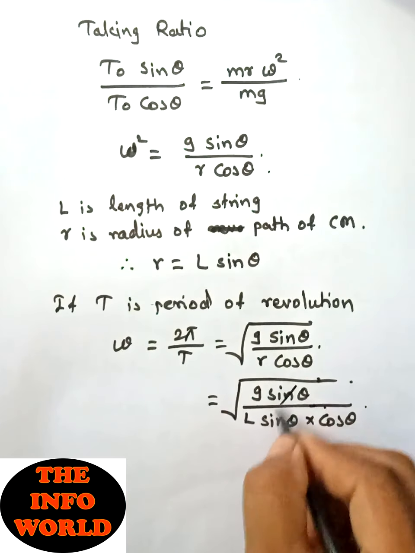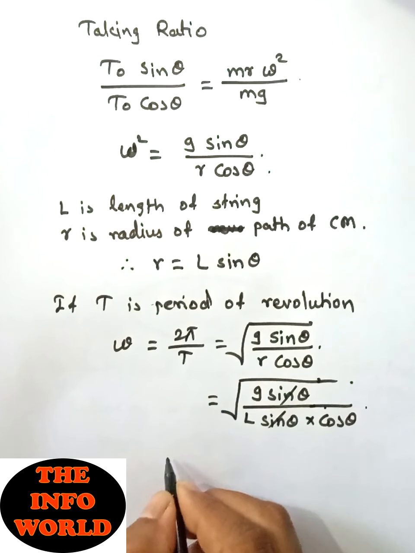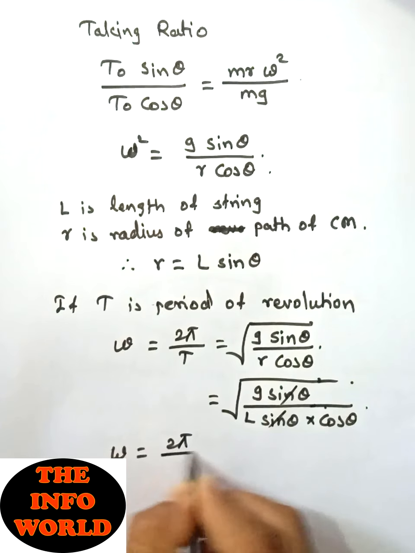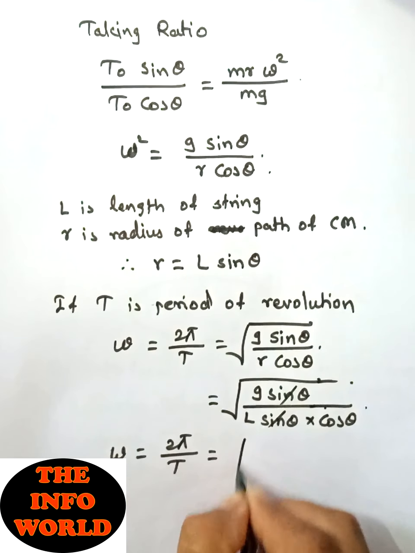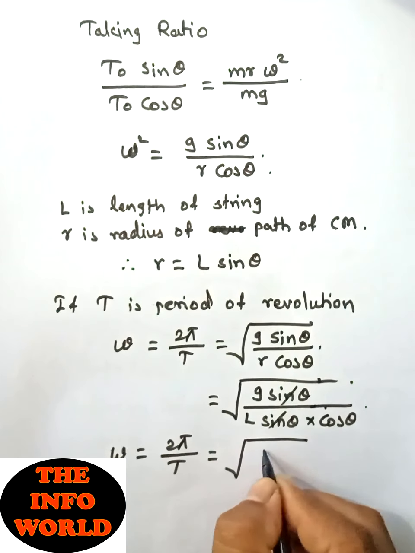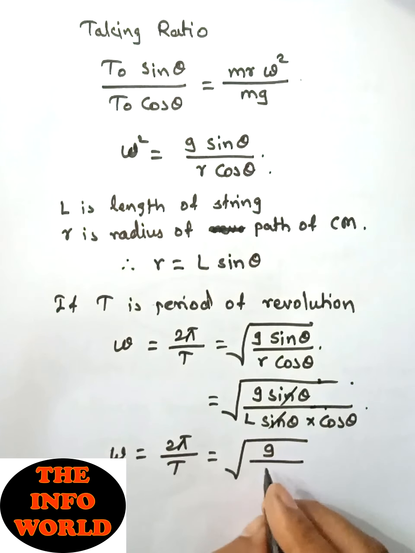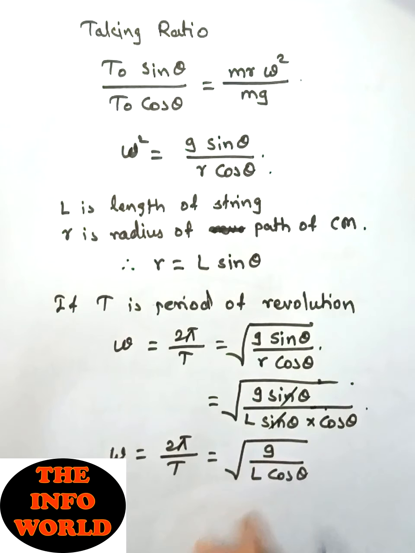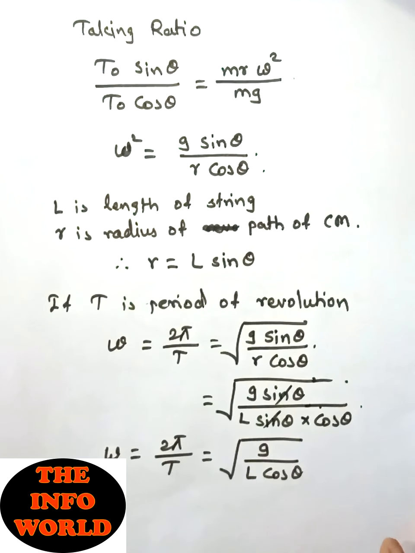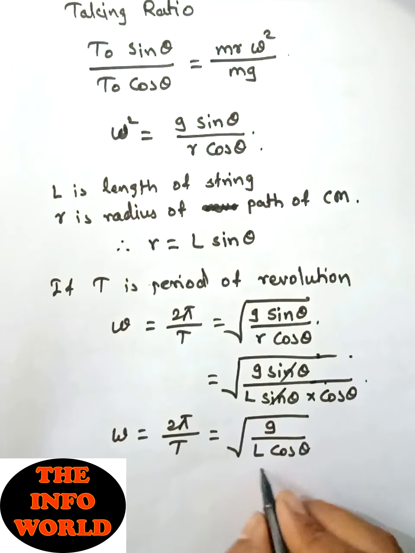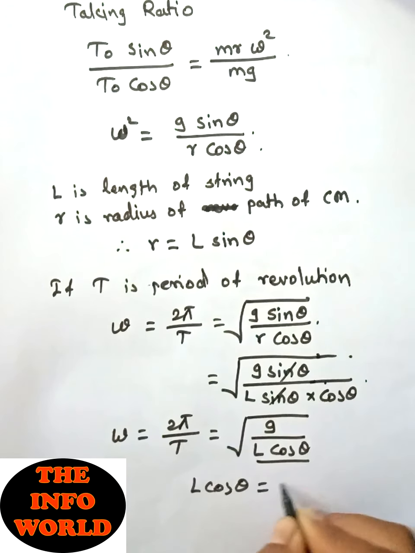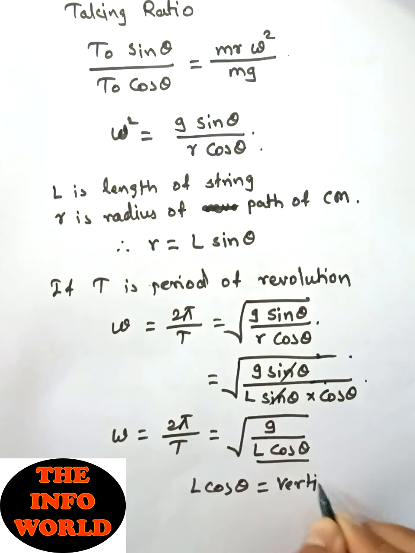So we get omega equal to 2 pi by T equal to under root g divided by L cos theta. And this L cos theta is the vertical distance.